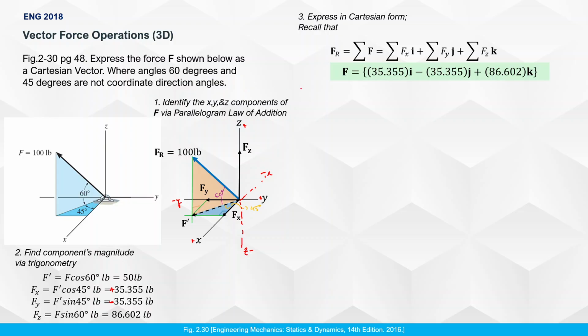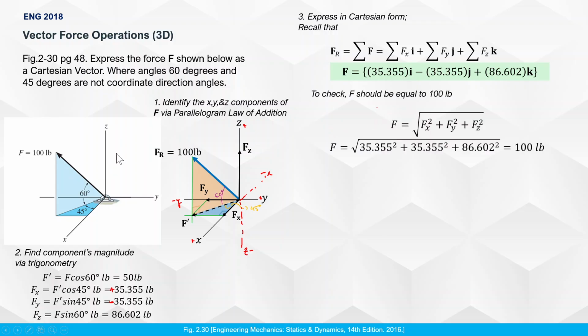Now, technically, ito lang naman yung ask sa problem kasi we're being asked lang kung ano yung Cartesian vector niya eh. Pero, for our sake ng practice lang, we can go a step further. We can test it out kung tama ba to. Okay? To check, alam natin 100 pounds yung resultant. We simply get the sum of the squares ng tatlong components na to.